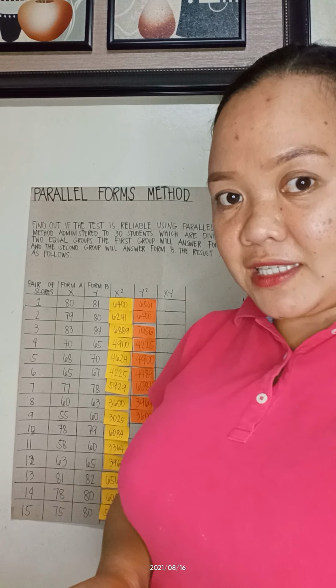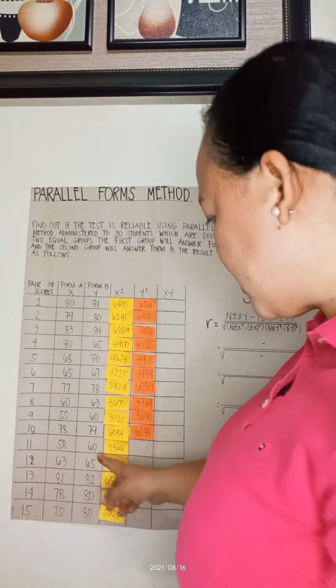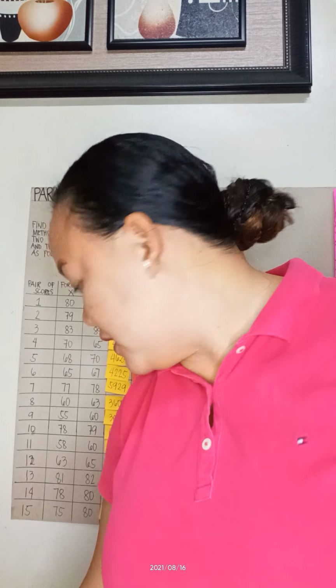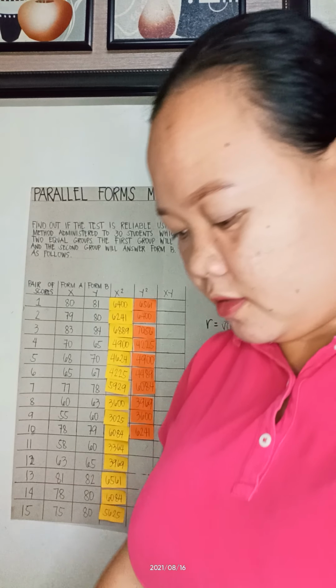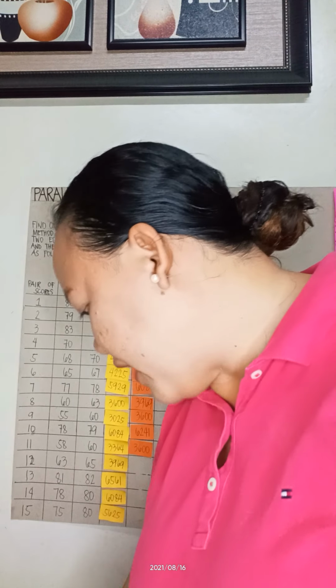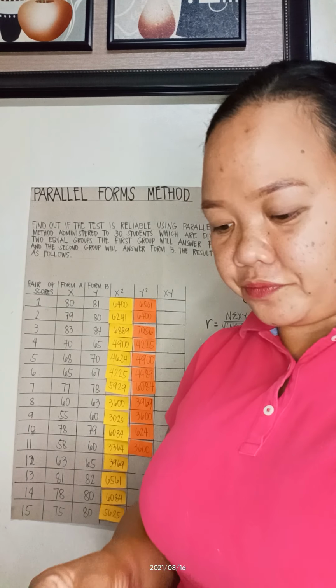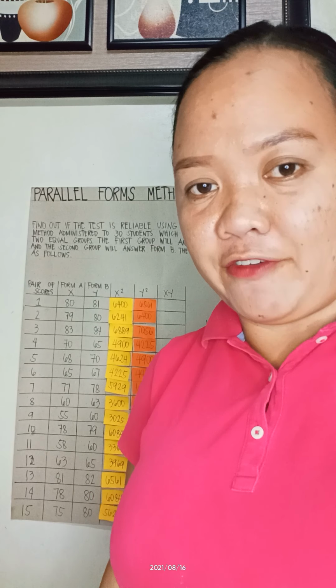79 times 79, the answer is 6,241. Next, 60 times 60 is 3,600. Next, 65 times 65 is 4,225.